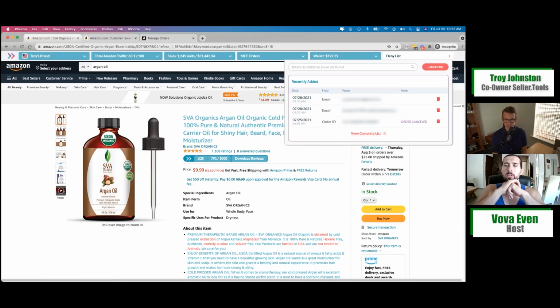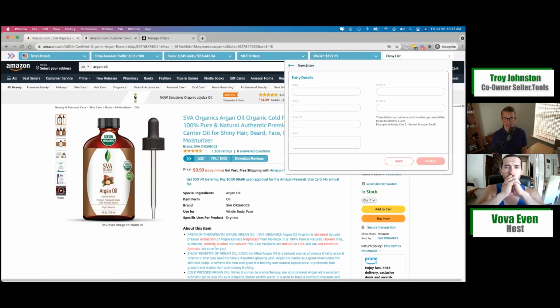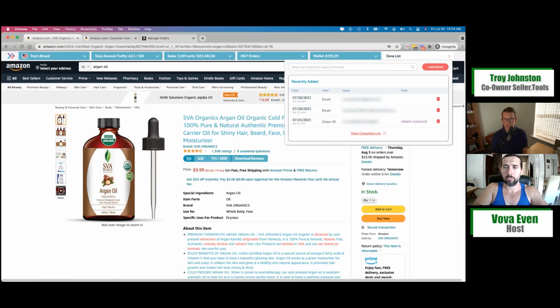So you can easily come in here and add that known customer data of maybe somebody who's trying to take two rebates when only one is eligible, or somebody that you see has inorganic buying activity that you just want to deter from your offers. You can plug in that known data: email, phone number, ref IDs. You could use this for an Amazon hashed email as an example, and then add their information to that deny list.